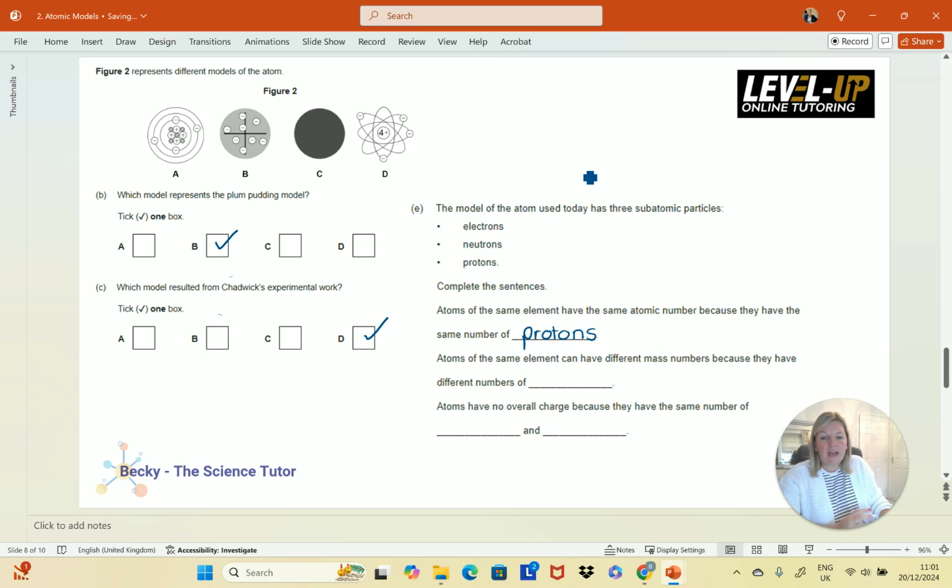Atoms of the same element can have a different mass number because they have different numbers of neutrons. That comes from our isotopes. And atoms have no overall charge because they have the same number of positive protons and negative electrons, and therefore those charges balance out.